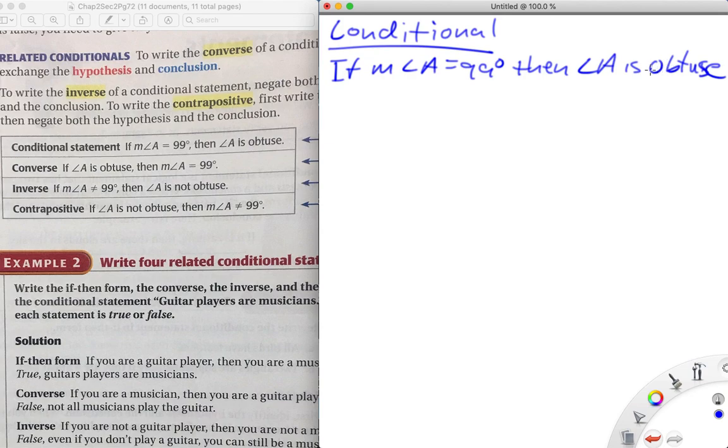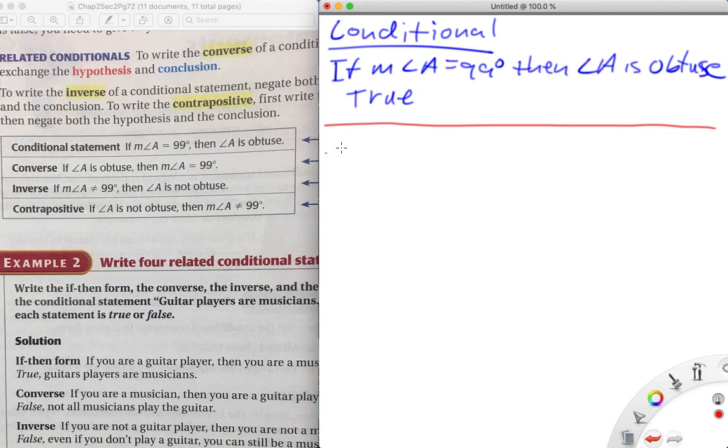Okay? So when we look at this, if the measurement of angle A is 99 degrees and is obtuse, we know that 99 degrees is obtuse. So this conditional statement is true. And I can't think of a counterexample to make that false. So this is true.